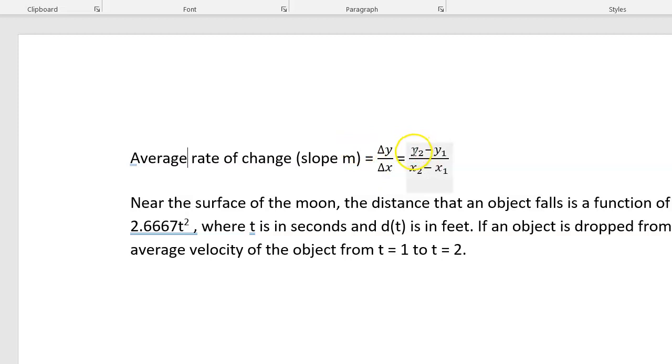So really this y2 minus y1 is actually delta y, and this x2 minus x1 is delta x. And in mathematics, the symbol delta is used to reflect a difference or a subtraction problem of some type. All right, so let's look at an example of finding an average rate of change.